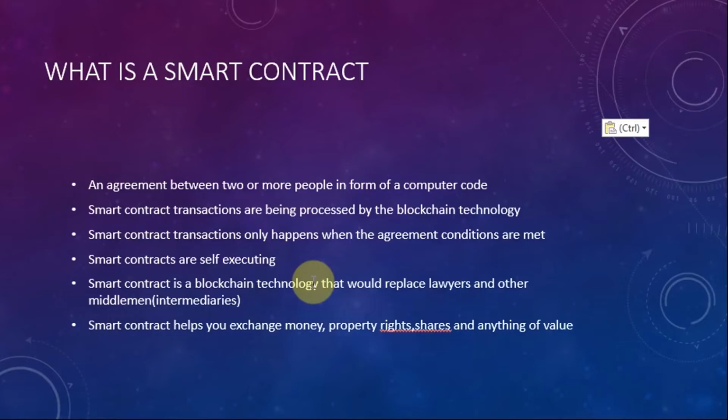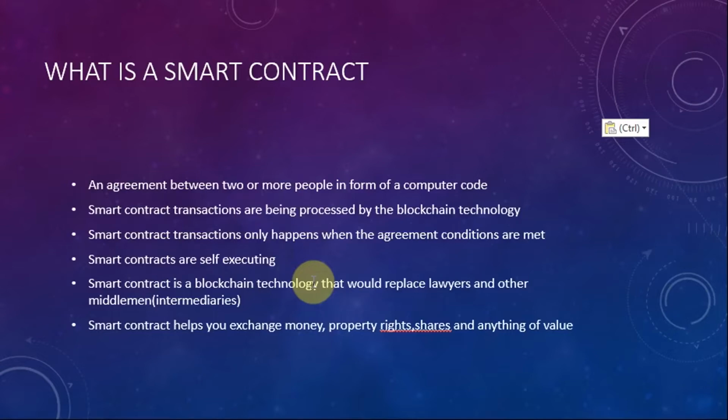But if this agreement is stored on the computer, the lawyers will be eliminated from the chain, and computers will now replace them. So a smart contract is actually a business arrangement or agreement between two people that is stored in computer code.